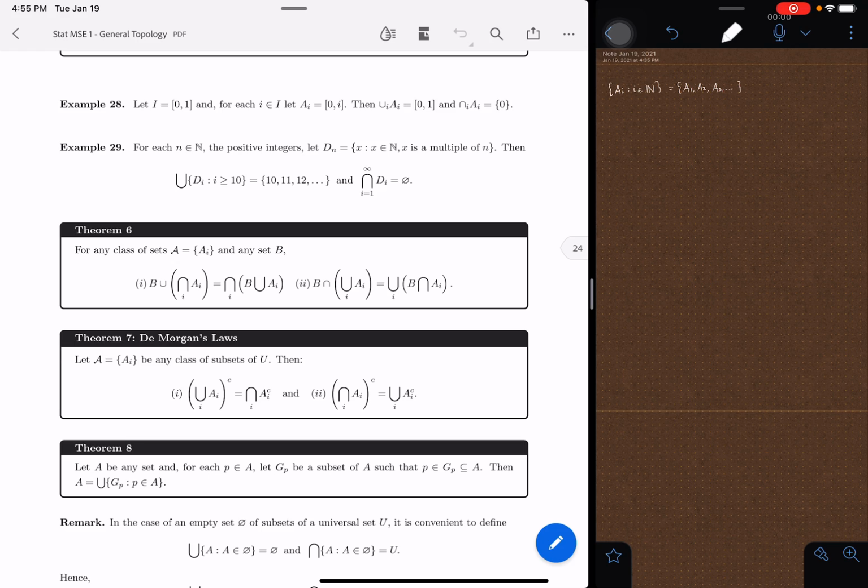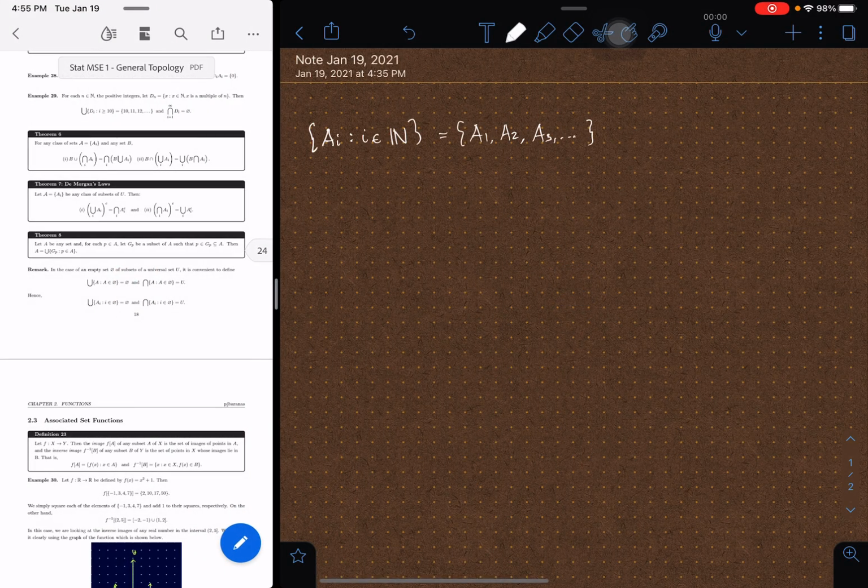Okay, let's show that on the real line. So our capital I is the unit interval from 0 to 1. This is 0, this is 1.